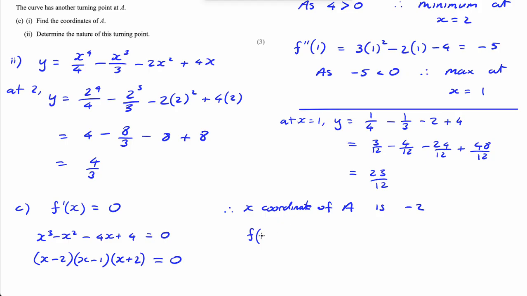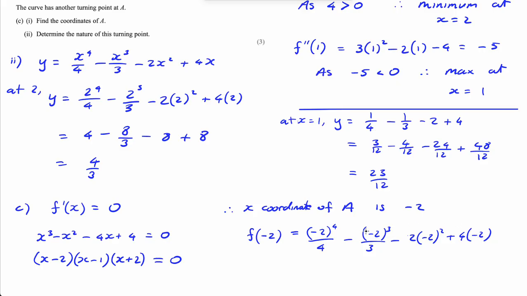So I have to get f of minus 2. f of minus 2 is minus 2 to the power of 4 over 4, minus minus 2 cubed over 3, minus 2 times minus 2 squared, plus 4 times minus 2.